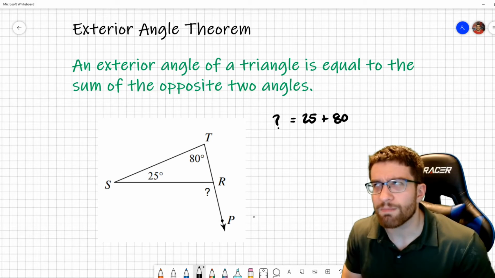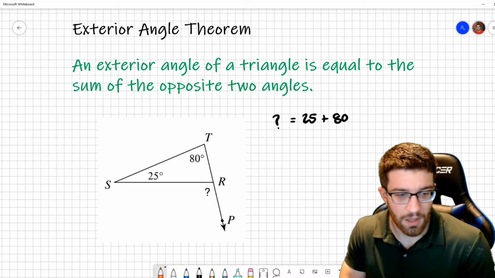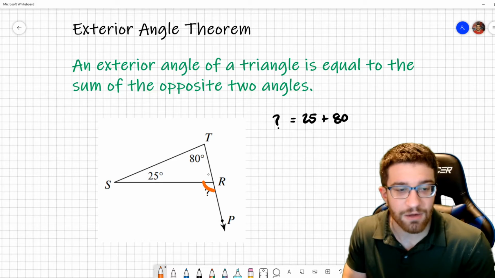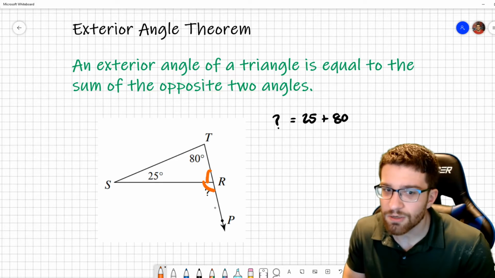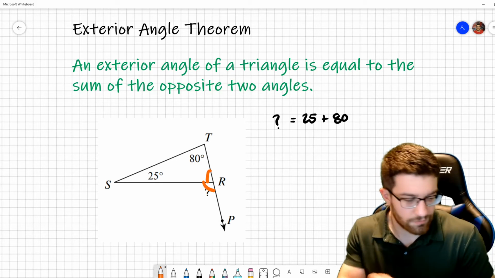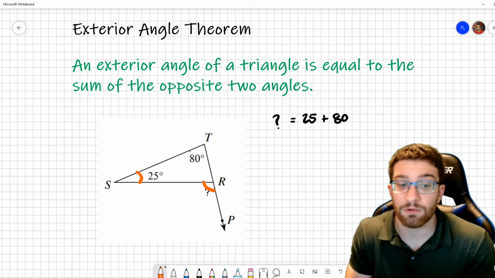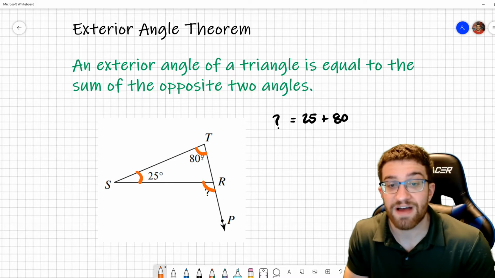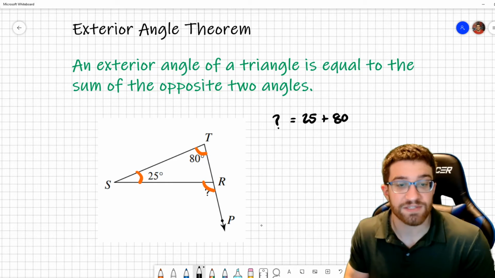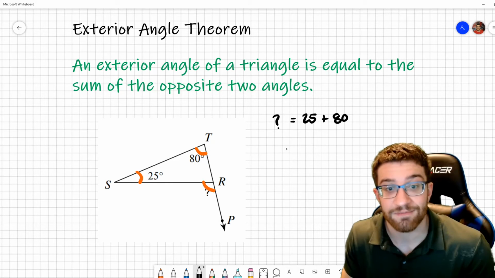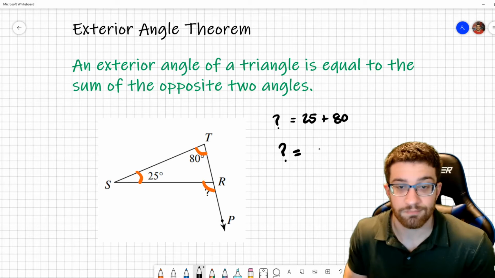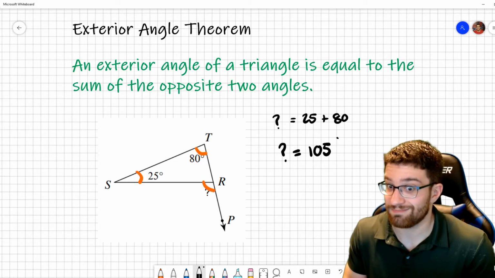You might wonder what we mean by opposite, right? Opposite just means that it's not the angle that's directly next to that exterior. The opposite ones are essentially the other two angles. Here it's 25 and 80. That tells us the question mark angle is 105 degrees.